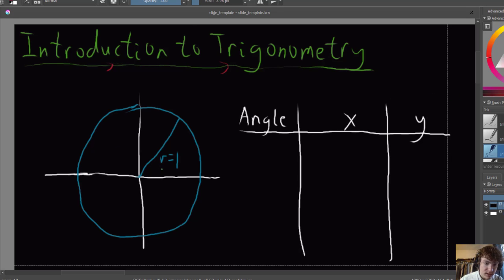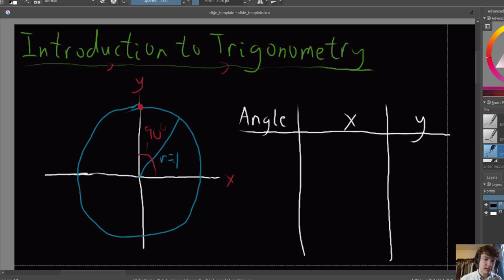So for instance, here's the x-axis and here's the y-axis. If I start from the x-axis and make an angle of 90 degrees, that angle determines a point on the circle, right? That's the point up here at the top.